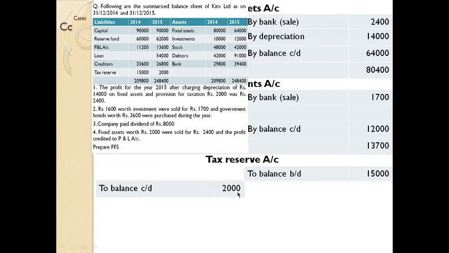And usually we would write the opening amount as to cash and the closing amount as by P&L. But in this question there is an adjustment given. Provision for tax is rupees 2,000.